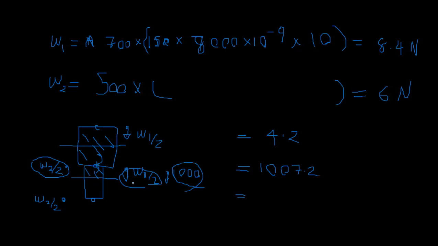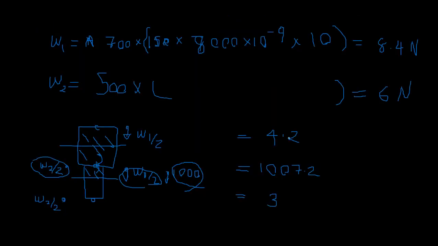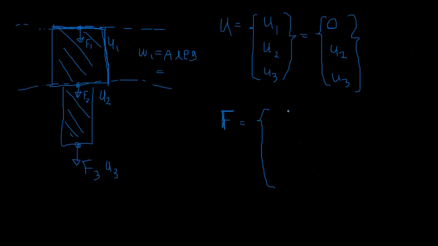So the addition of these 3 will give you something around this, and W2 over 2 becomes 3 newtons, right? So you can write the F matrix as 4.2, 1007.2, and this is 3.